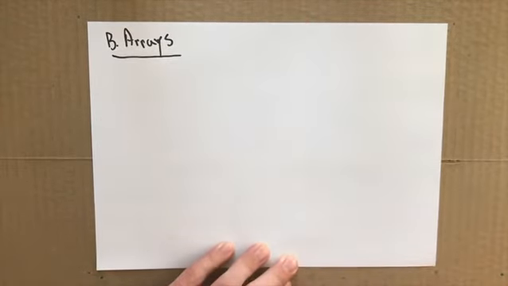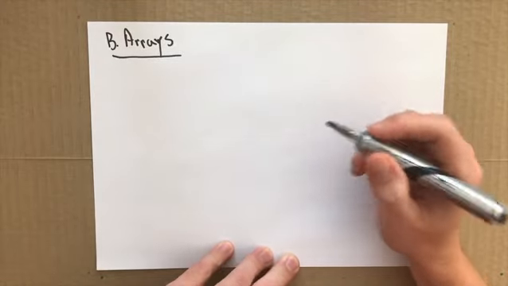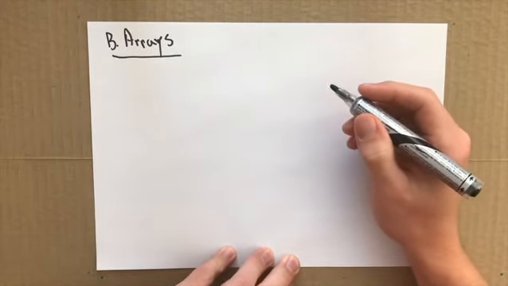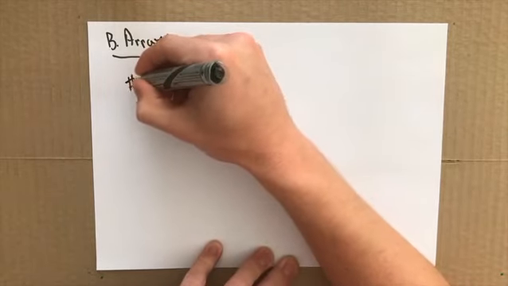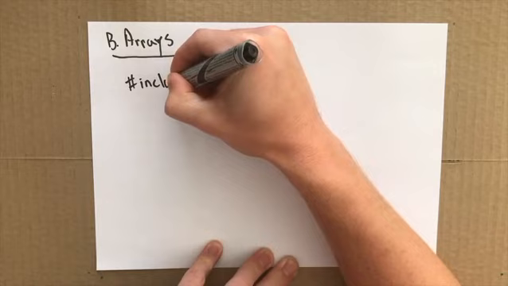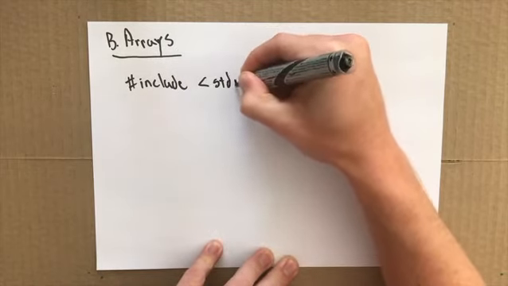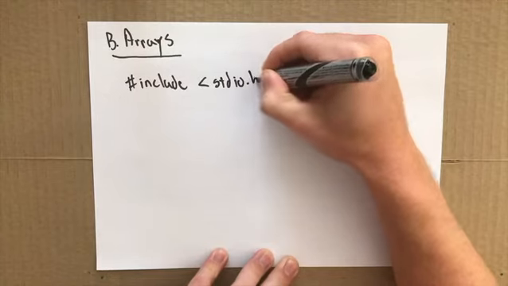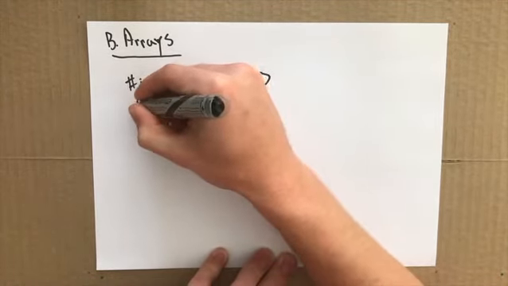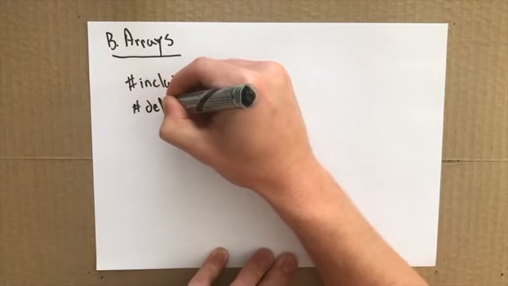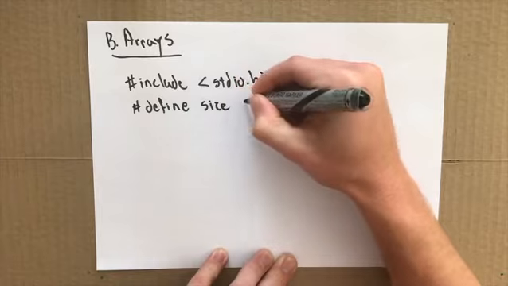Lecture B. Now we know how to declare an array. Now we're going to use arrays in a program. So let's say for instance we have a program, and in this program we define a constant, and that's the size of the array.